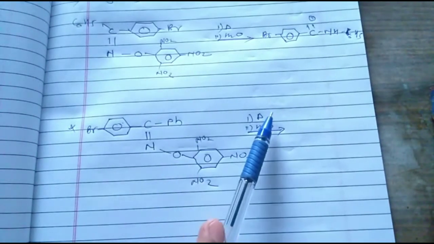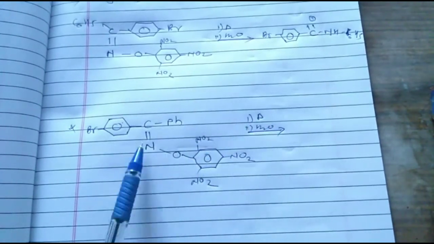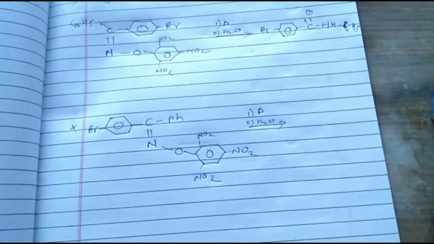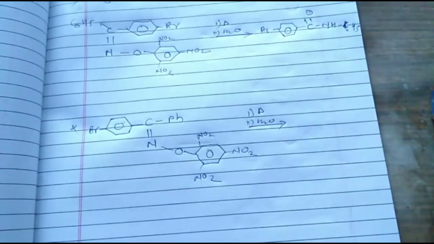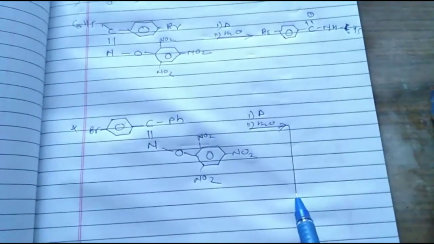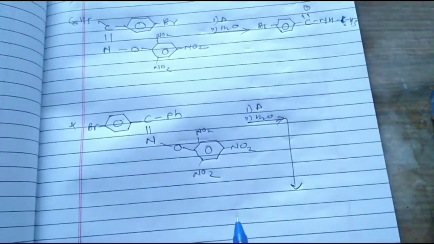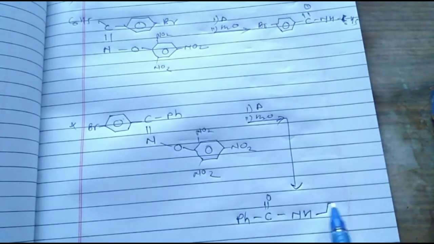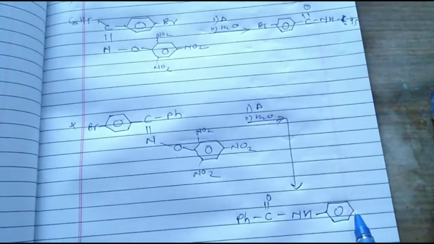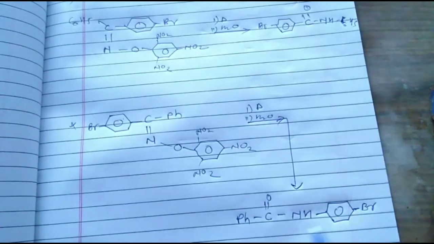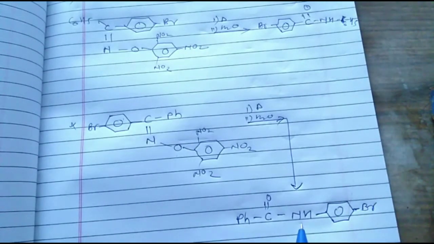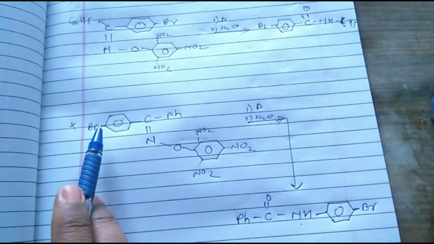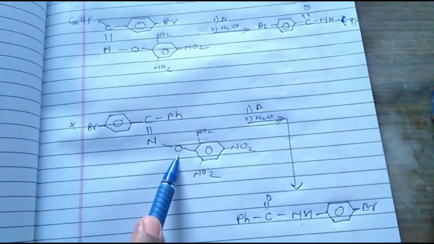That's why by simple gentle heating of this reaction we get the product, that is PhC double bond O NH, and here this bromobenzene is attached to this amide group. Because in this case this bromobenzene is anti to this OH group, only this group gets migrated.